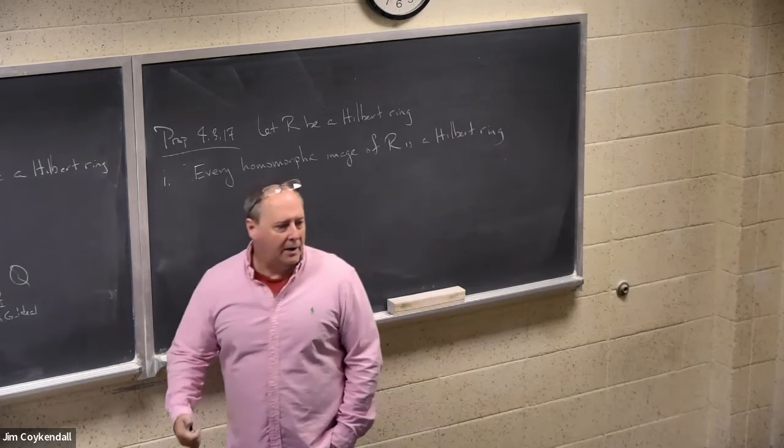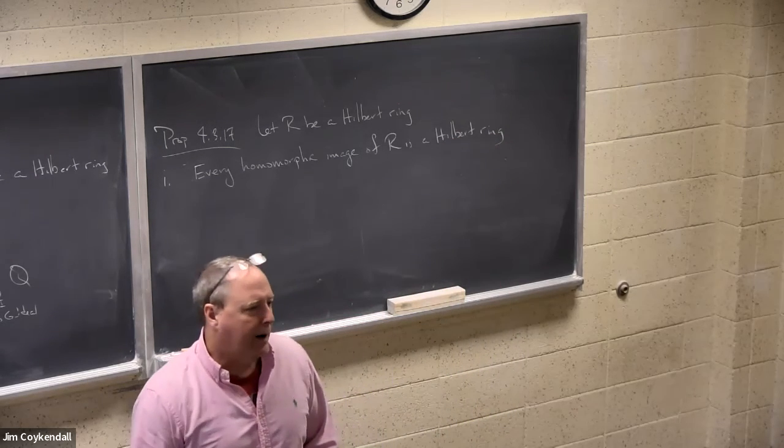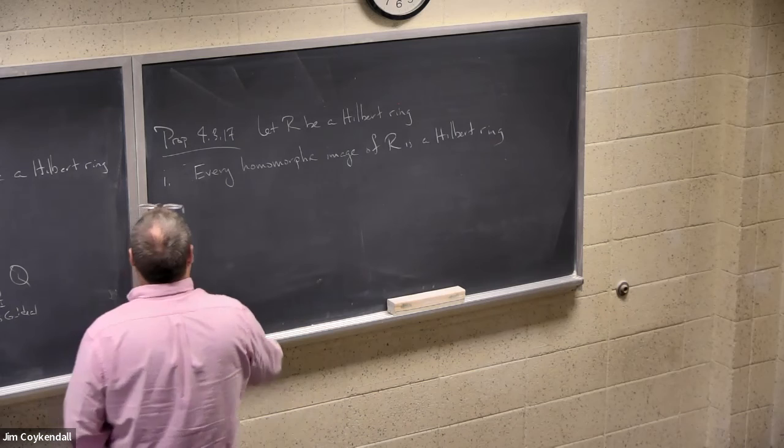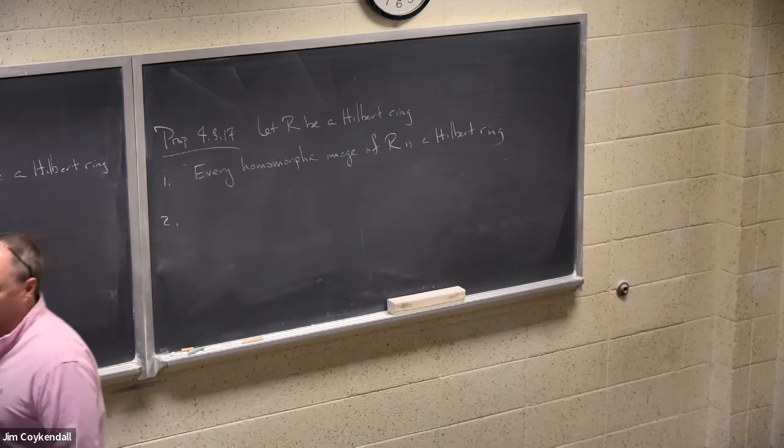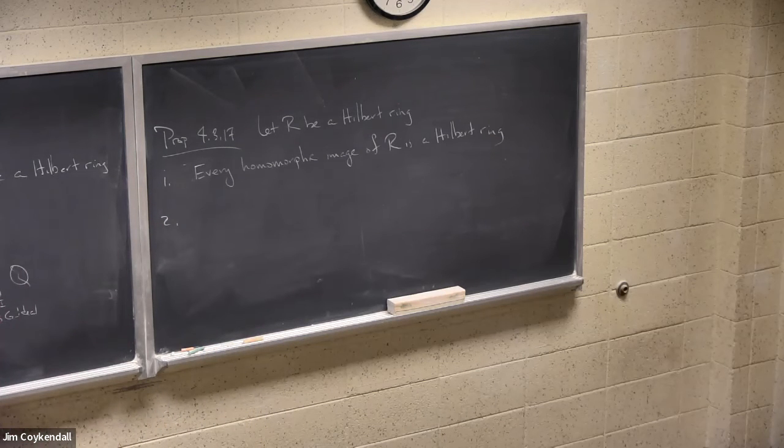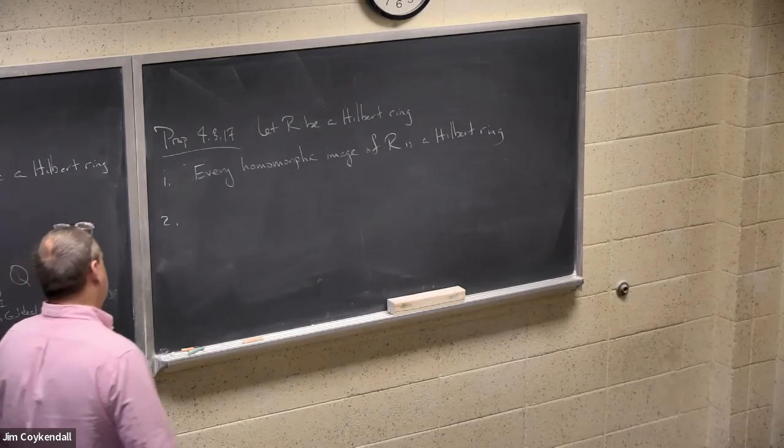In other words, if R is a Hilbert ring, R mod I is still a Hilbert ring. That's cool. And number two, either R is zero dimensional or it has infinitely many maximal ideals.